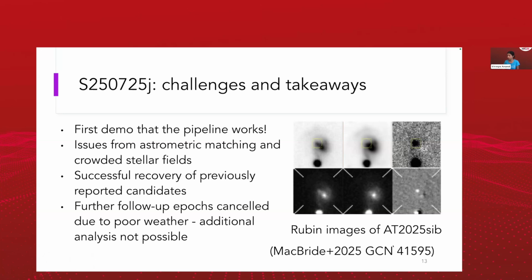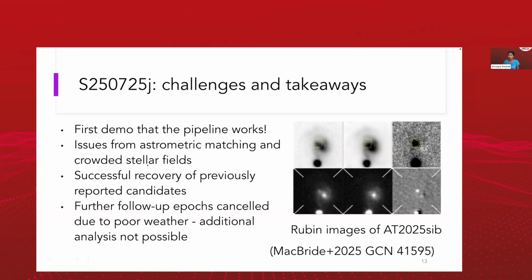So here's one particular example of a candidate that was reported by DECam by a different follow-up campaign of this particular event. Here you can see the new transient in the DECam image, and then on the upper panel, the Rubin image, which shows the detection of the same transient in Rubin. So we're able to successfully recover something that we believe to be astrophysical.